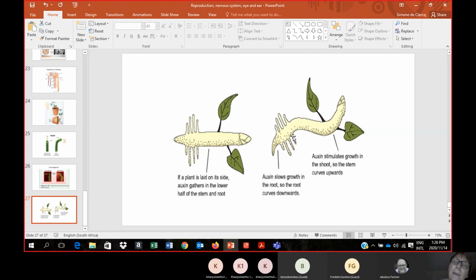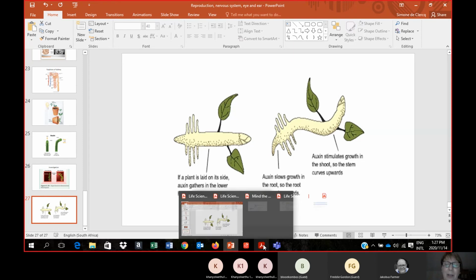Then in the root, the high concentrations inhibit cell elongation. So now the ones at the top are actually elongating more quickly, and that is why the root bends downwards and grows towards gravity, and that is called positive geotropism. So the big thing to remember is that in a stem, high concentrations of auxin will stimulate cell elongation, but in a root, high concentrations of auxin will inhibit cell elongation.